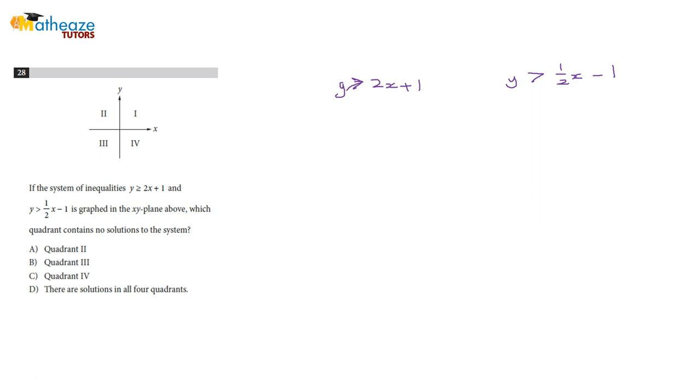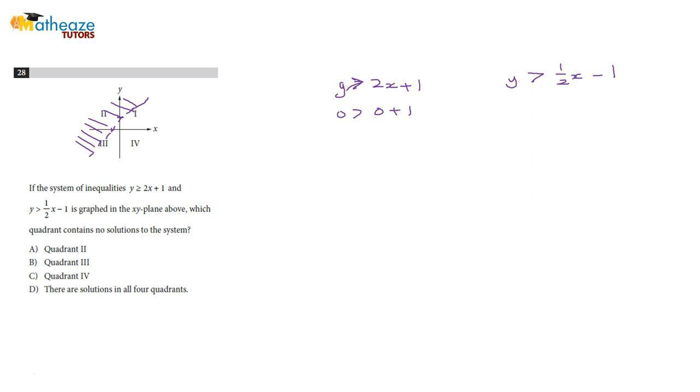Let's assume this is the y-intercept, and this is the x-intercept. The graph is going to look something like that. So let's try the origin, 0, 0. So 0 greater than 0 plus 1. That is not true. So this is going to be the region for that graph.